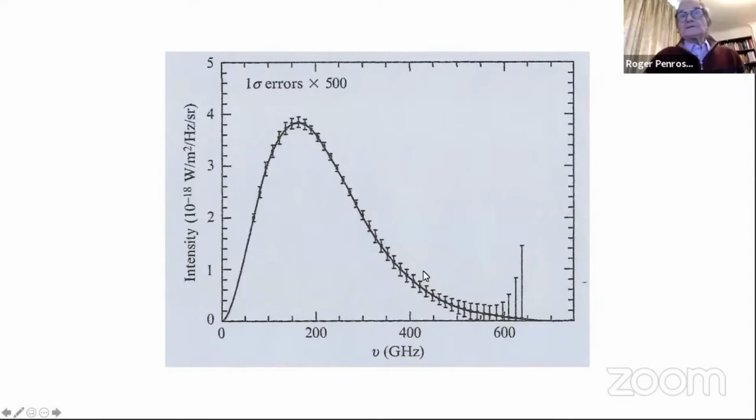These are error bars, and we notice that the error bars are exaggerated by a factor of 500, so they hug the incline even right at the end. It still hugs the incline right through the center of the incline. It's an amazingly accurate Planck curve.